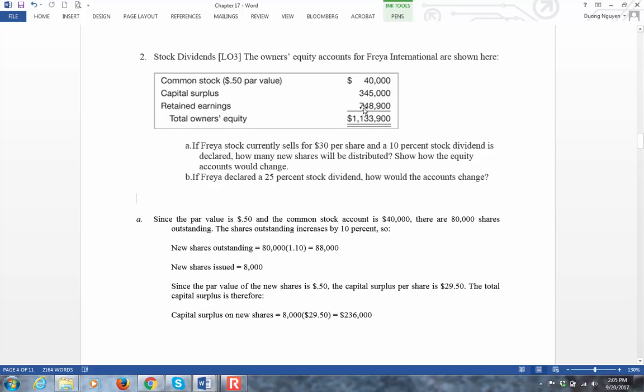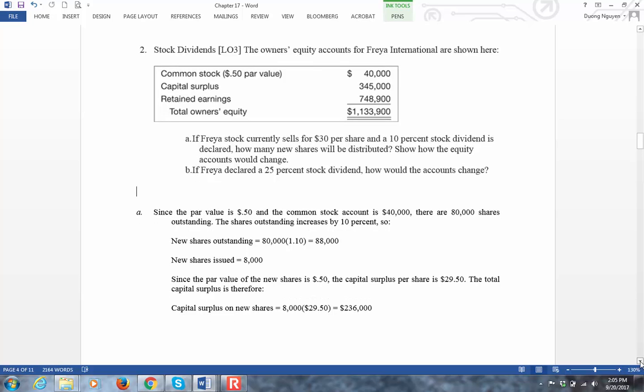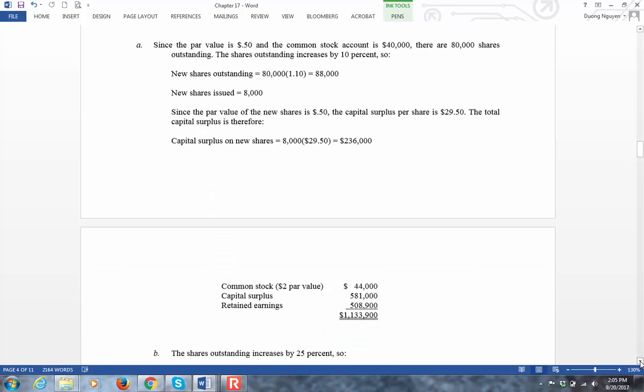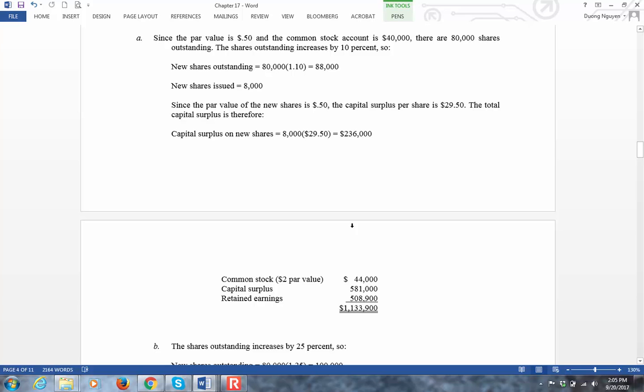And currently we have 345,000 capital surplus, and you should add the capital surplus on the new shares, which is equal to 236,000.